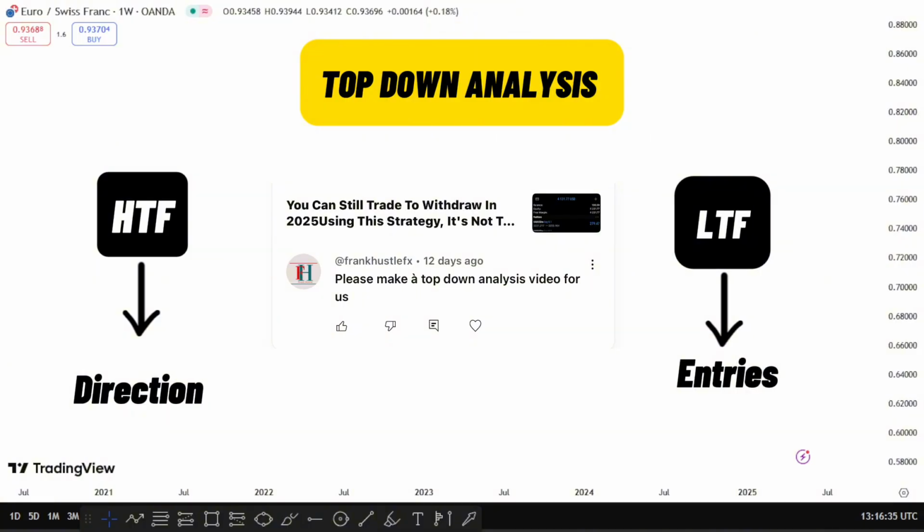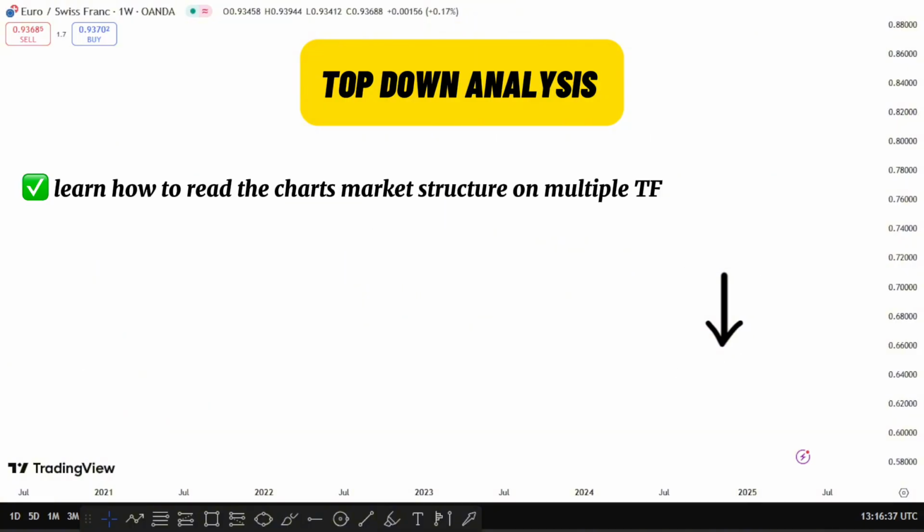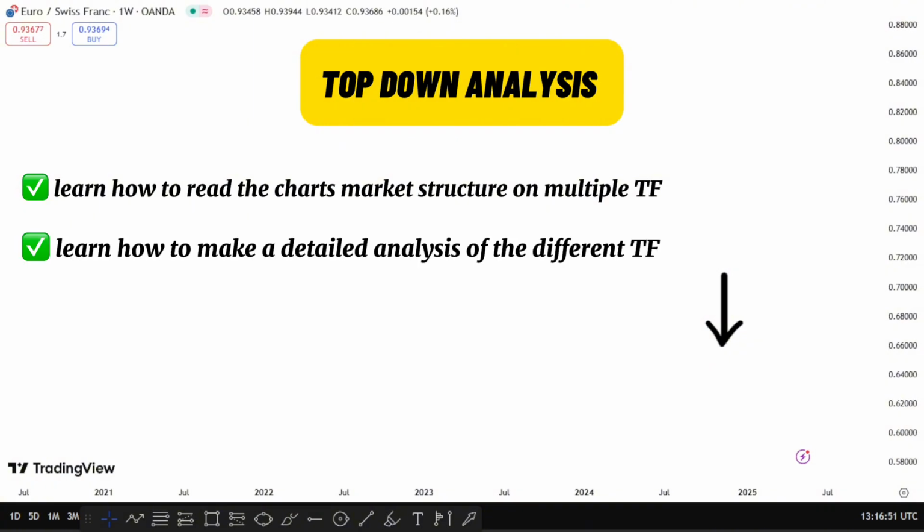So what we are going to learn in this video is how to read the charts and market structure on multiple time frames, like the monthly, the weekly, the daily, the 4 hours, and then down to our entry time frames. You'll learn how to cover every detail on the various time frames so that you won't leave anything aside, and take note of everything, where to place your stop loss and where to place your profit target.